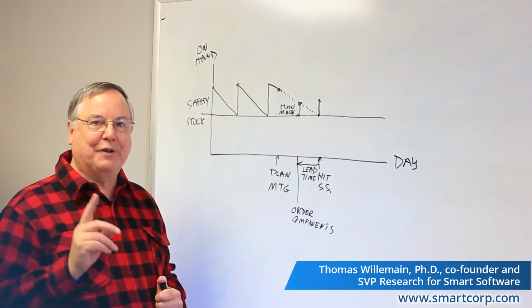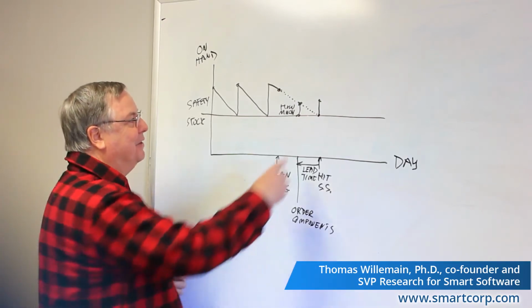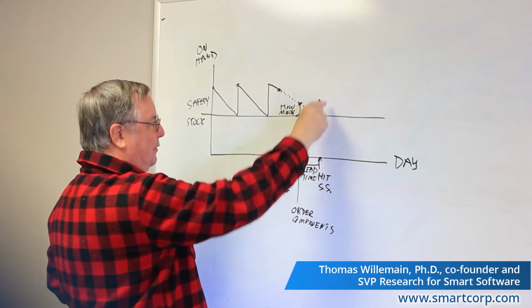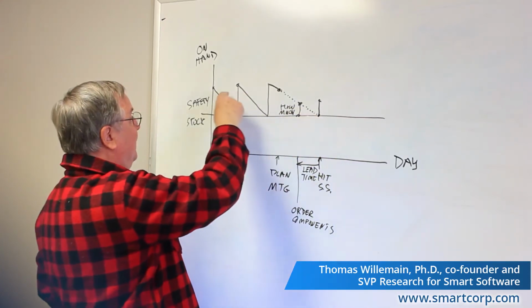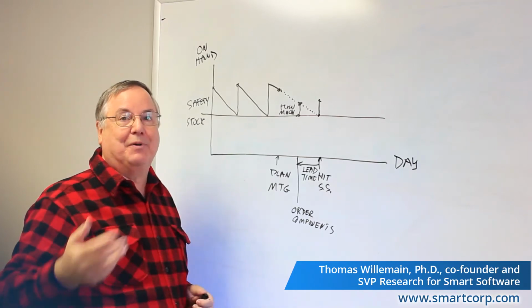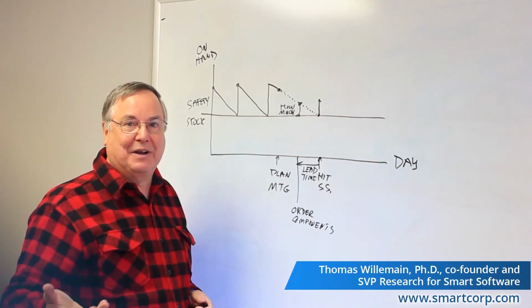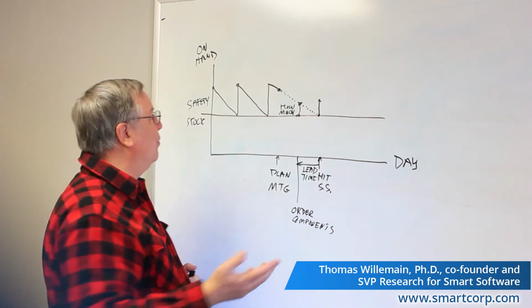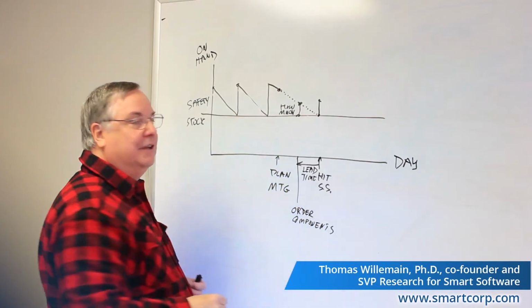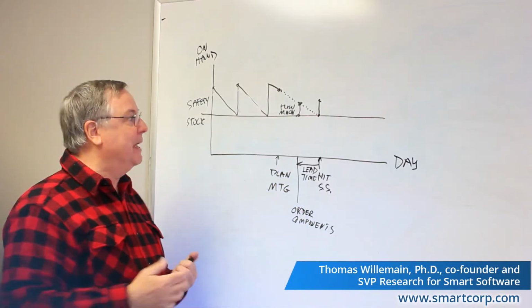Now, if you're very alert, you will notice that I drew this to put us back to a smaller gap above the safety stock than we had previously. And there's a subtlety here that actually happened accidentally in the way I was drawing on the board, but it's an interesting point. The slope of this line is indicating something about the level of demand.